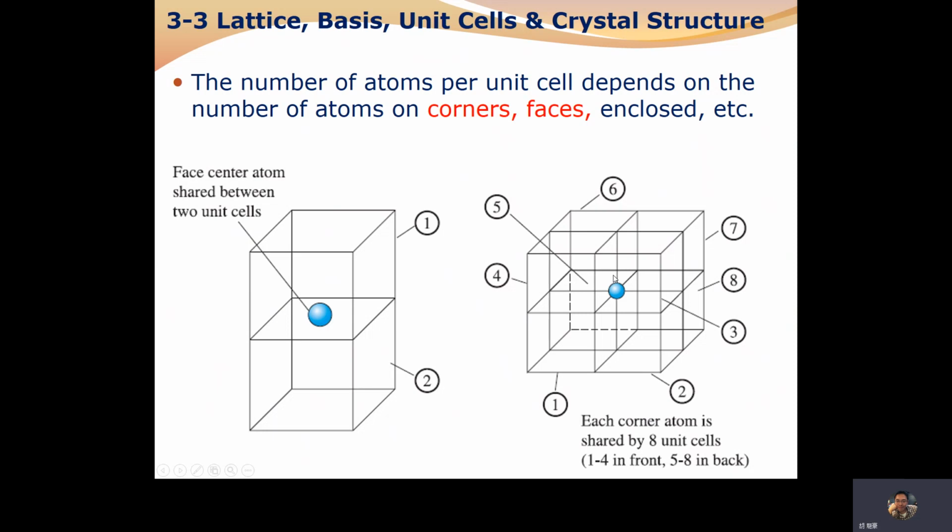And we have to define the number of atoms per unit cell. We already mentioned the unit cell can extend through the whole material. For example, for the atom right here, we have two unit cells, 1 and 2, and this atom is shared by the two unit cells.